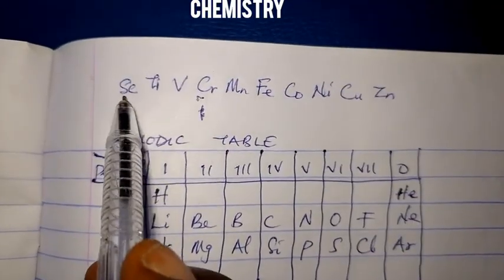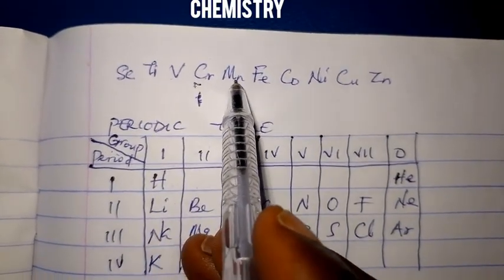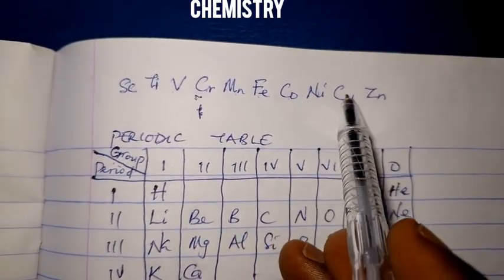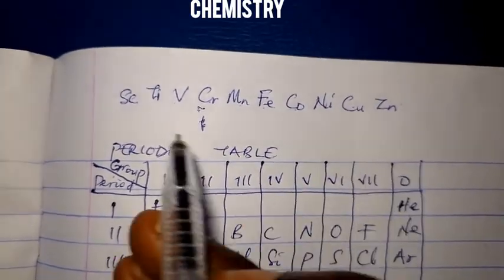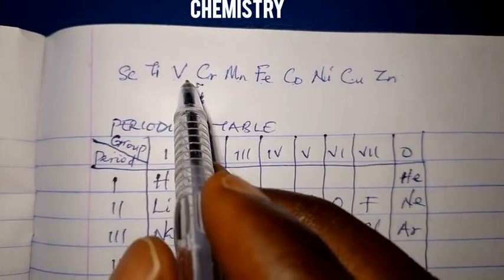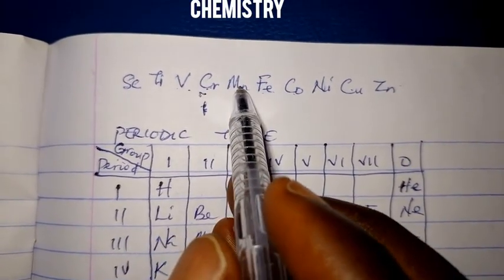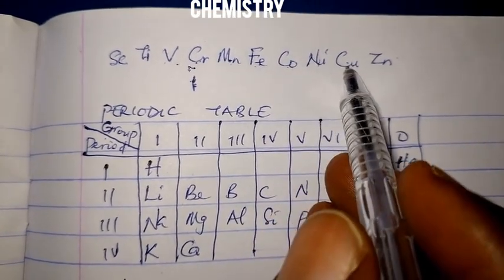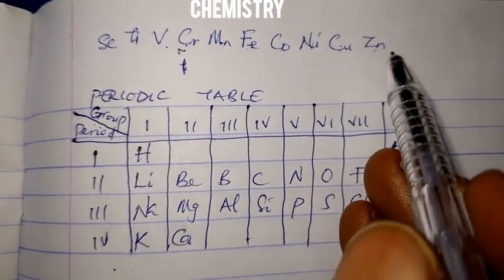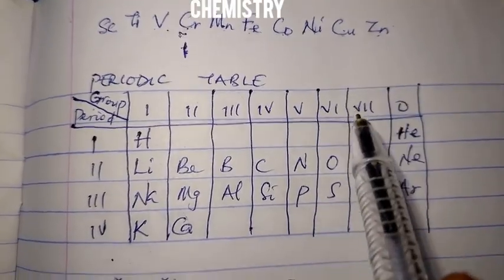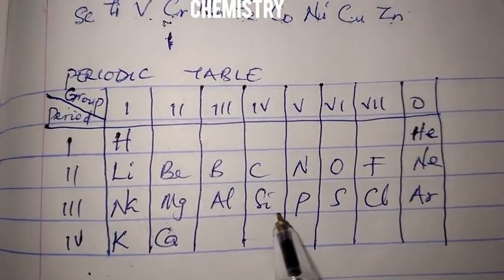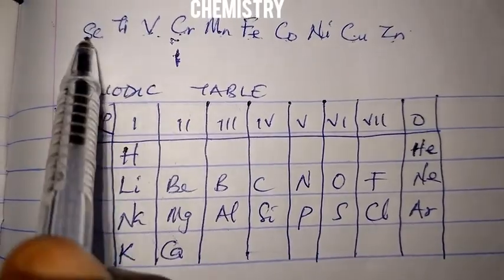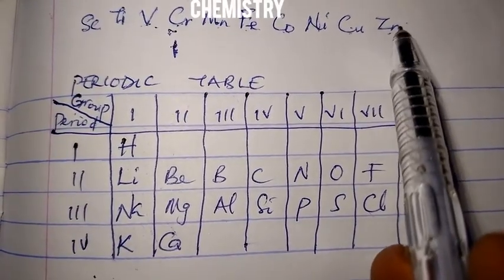This is 21, 22, 23, 24, 25, 26, 27, 28, 29, 30. This is scandium, titanium, vanadium, chromium, manganese, iron, cobalt, nickel, copper, zinc. That's 21 to 30. These are the first 20 elements, and here you have 21 to 30.